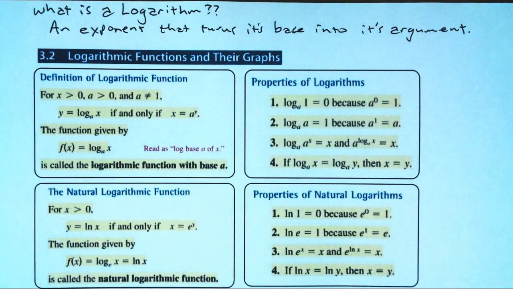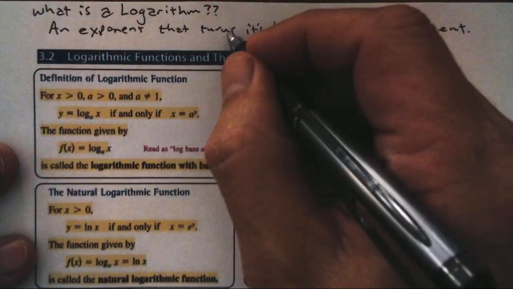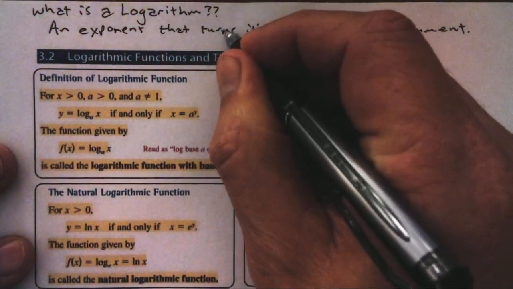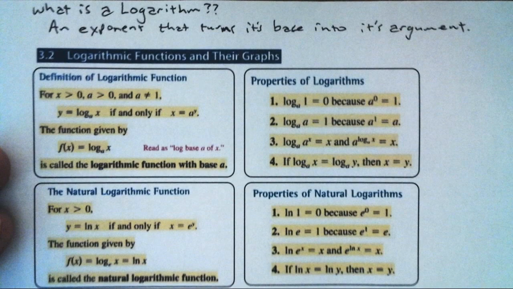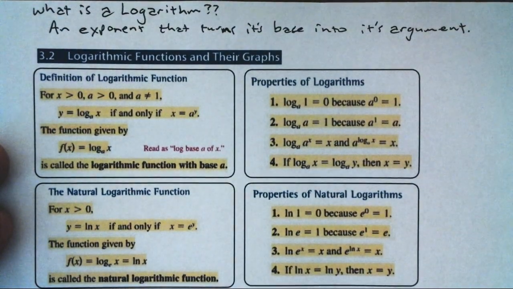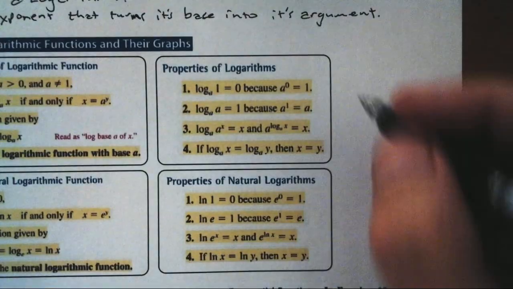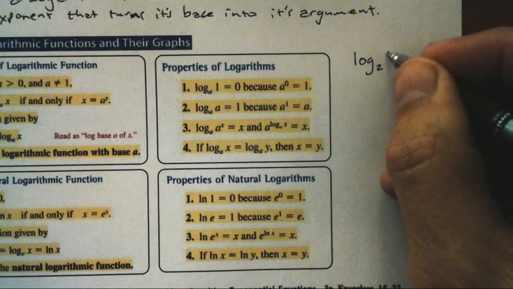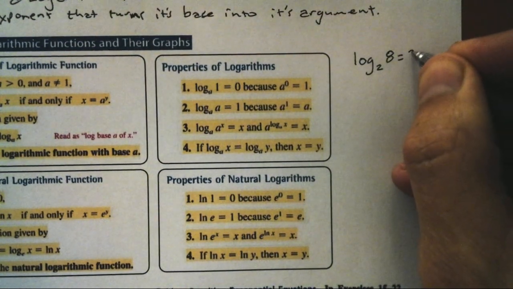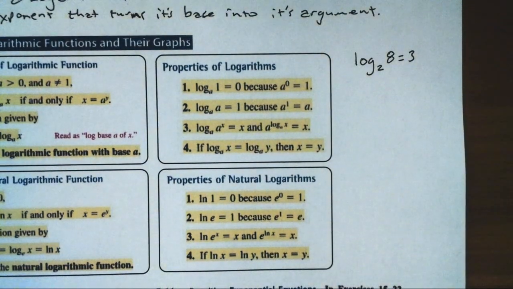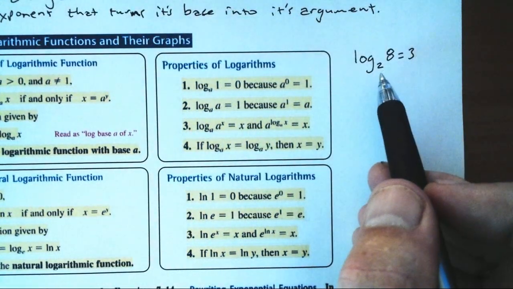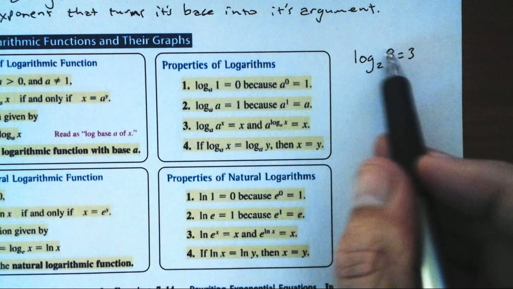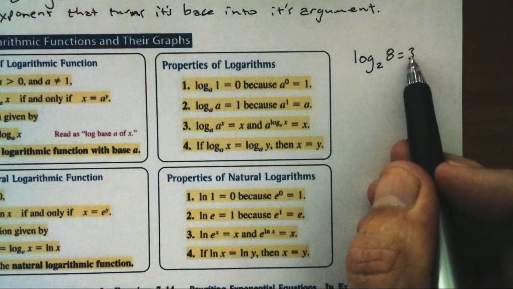What is a logarithm? A logarithm is an exponent that turns its base into its argument. For instance, we might have something like this: log base 2 of 8 equals 3. Log base 2 of 8, which is equal to 3, is an exponent.